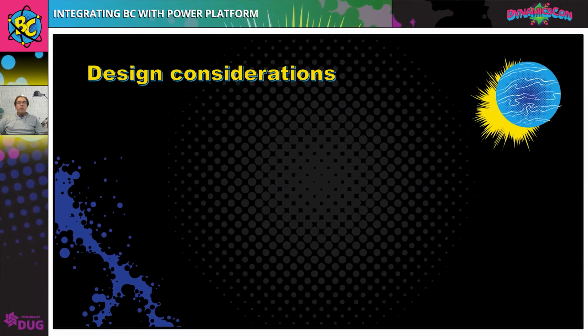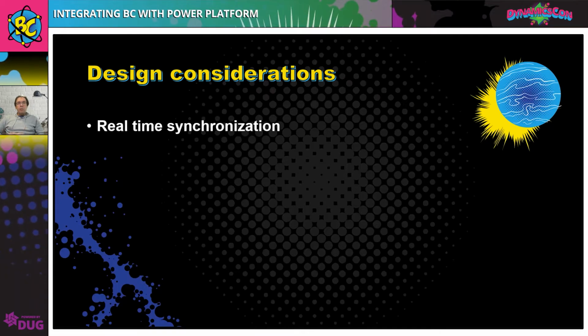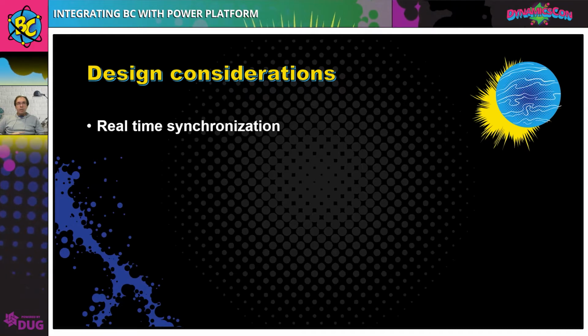When should I use virtual entities? The first one for me is when you need real-time synchronization. Because the data is not copied between systems, that synchronization can be really fast, and you're going to see that really soon.